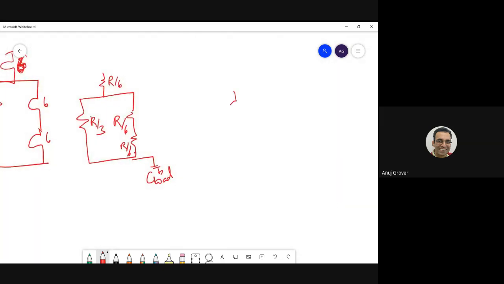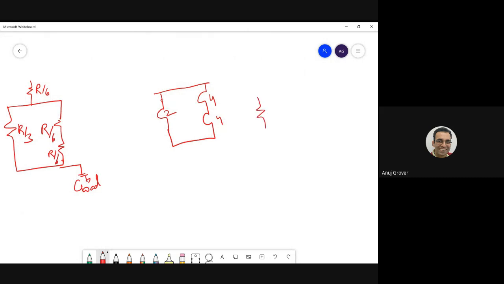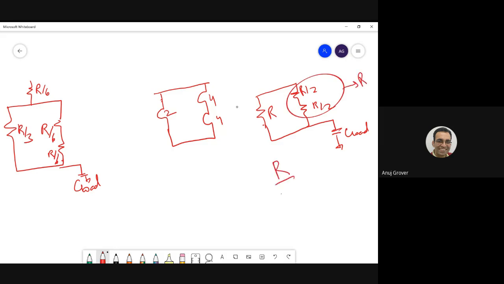You want this to be the case. Am I right? Yes. This will be 2, this will be 4, this will be 4. What is the equivalent model? It will be R in parallel with R by 2, R by 2. What is the effective delay? R by 2 plus R by 2 is equal to R. And so again, R by 2, C load.